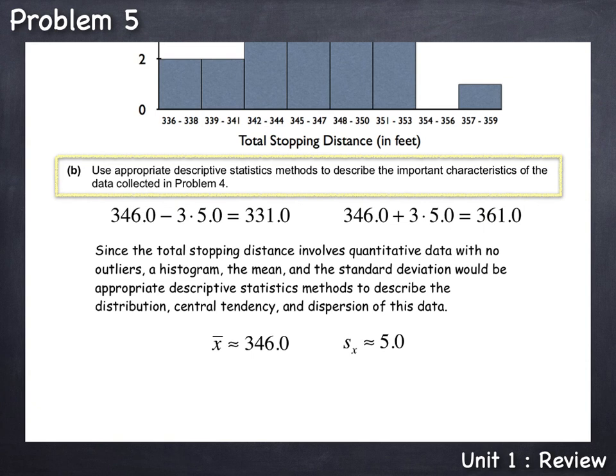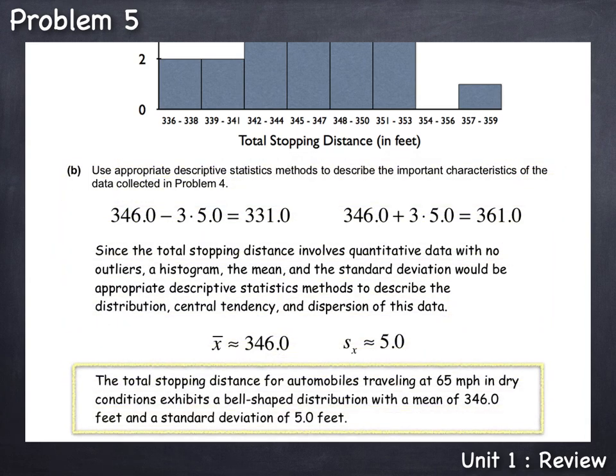And since the data was quantitative with no outliers, we're going to use the mean and the standard deviation to describe these, along with our histogram that revealed that the distribution was bell-shaped. So our answer to part B can be given this way.